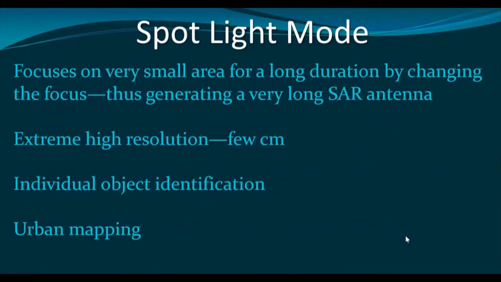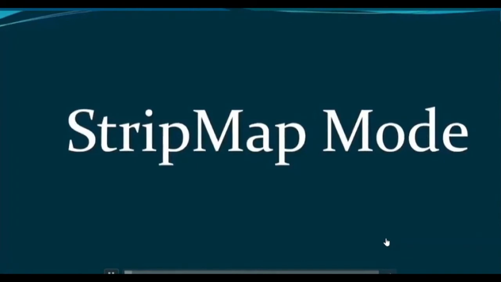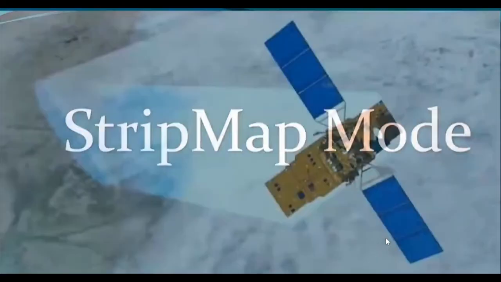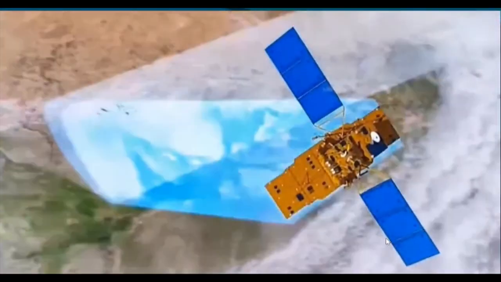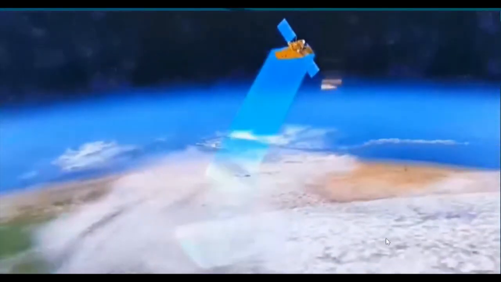Next, let me show a video in which you will have some idea of these different scanning modes, how the images are being captured, and how the sensor is being operated in different acquisition modes. First is the Strip Map mode. In Strip Map mode, as I told you, we get moderate spatial resolution and strip-like imagery, and the sensor remains perpendicular to the flight line always.